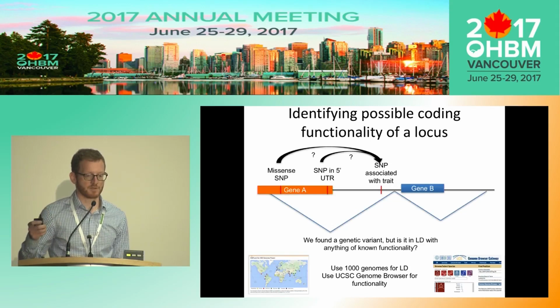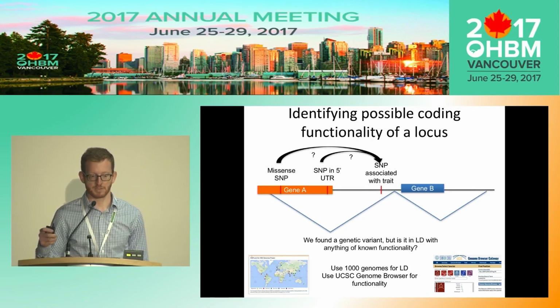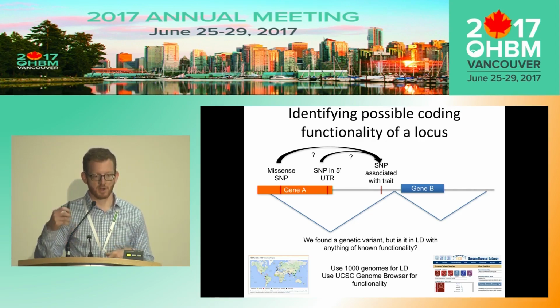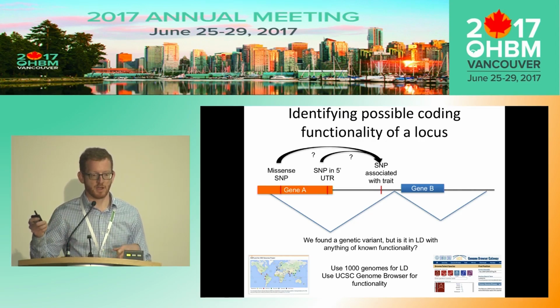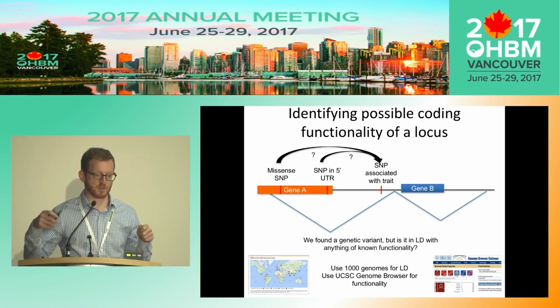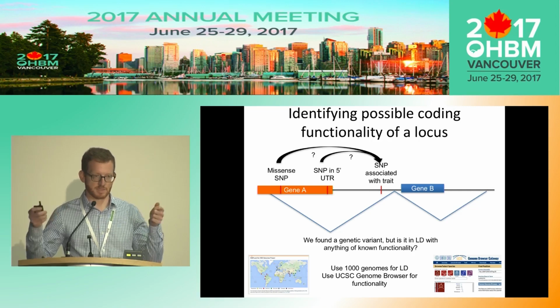Okay, so one way to identify the possible coding functionality of a locus is to use linkage disequilibrium, the idea that a lot of genetic variants are inherited together, and then try to see if a genetic variant is often inherited with a variant of known function. So if the genetic variant that you find that's most significantly associated is in LD, so it's highly correlated, with a missense SNP, we might use that to predict the functionality.